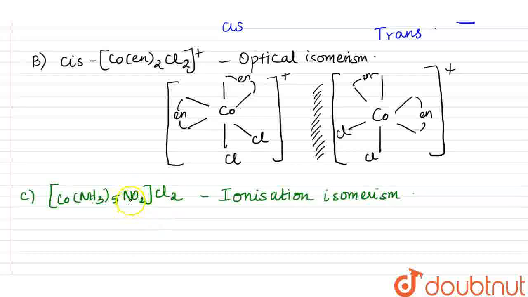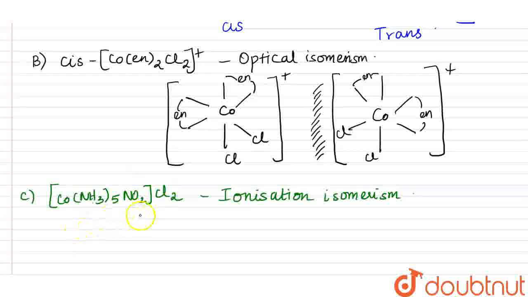For example, the nitro group can come outside the sphere, and chlorine can get into the coordination sphere. In this way the ions can move inward and outward, and that represents ionization isomerism. It has two ions that can interchange.